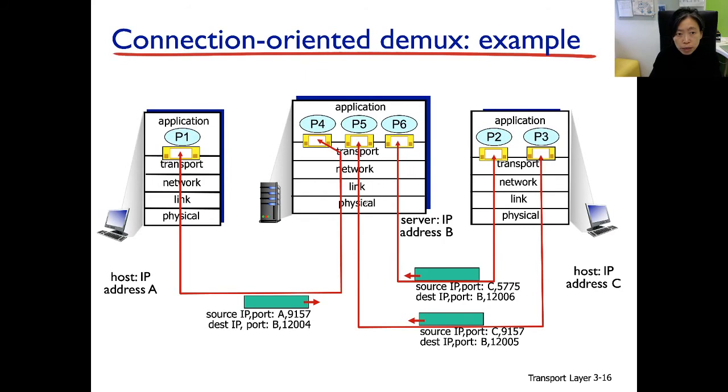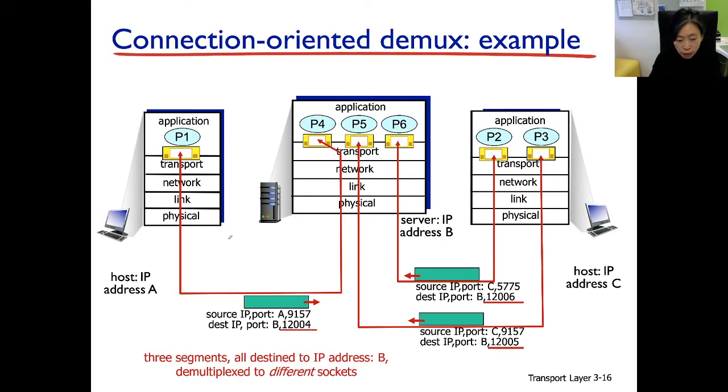Now let me use an example to illustrate and explain. So we have a scenario where we have three segments being sent from clients over here, A and C, to the server in the middle, B. So all three segments are destined to B, and they're supposed to be demuxed into different sockets. Now, TCP sockets will be using a four-tuple to decide.